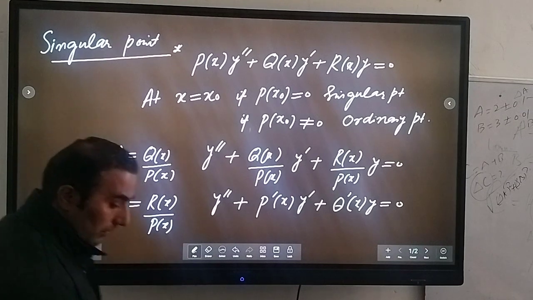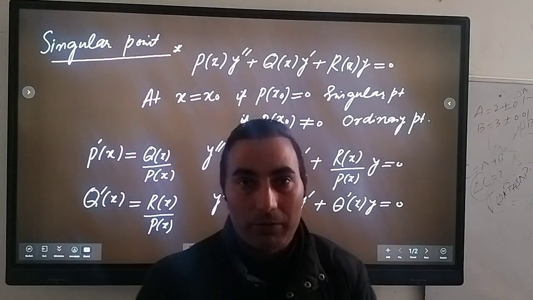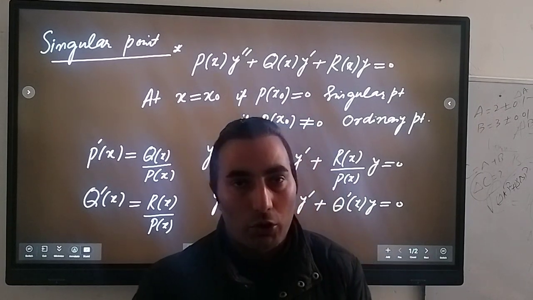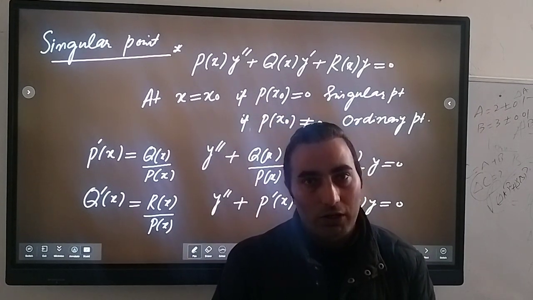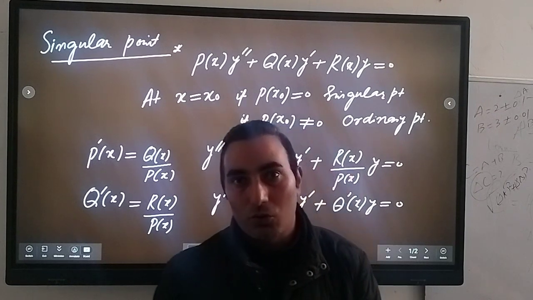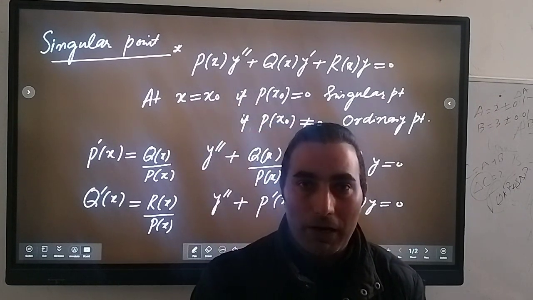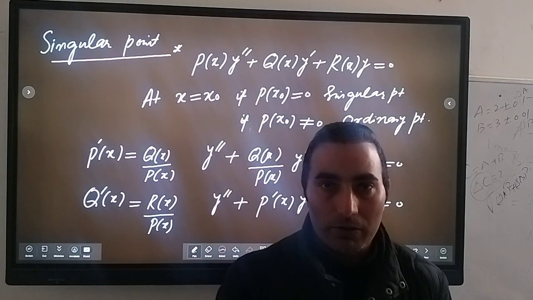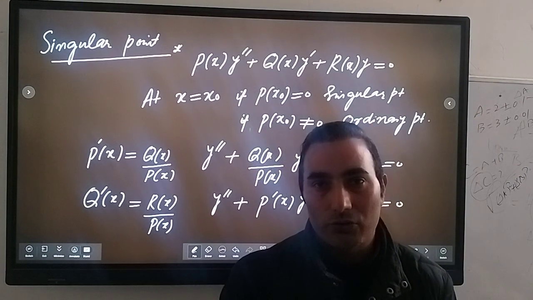Now we need to check the limits, because we need to check whether this x0 is a regular singular point. For that we need to check two limits. If these limits have a finite value, then we can say that the point is called a regular singular point, right?